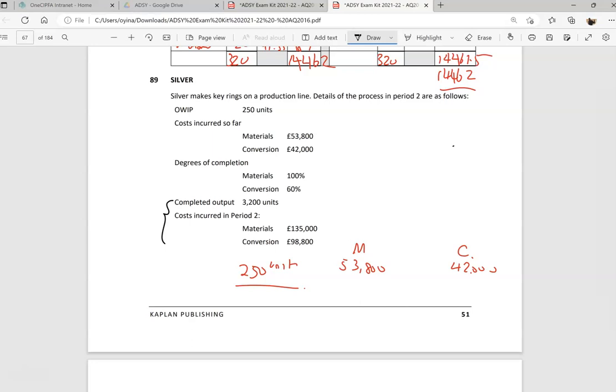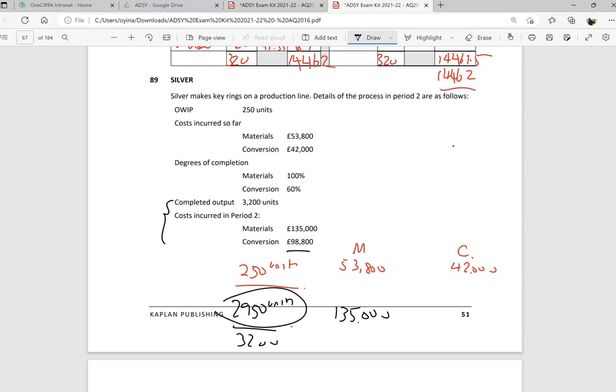So you've made another 2,950 units in some capacity, because that's the only way you're going to get to 3,200. But that's not so much the point. The point is that you've spent another 135,000 pounds making these units.